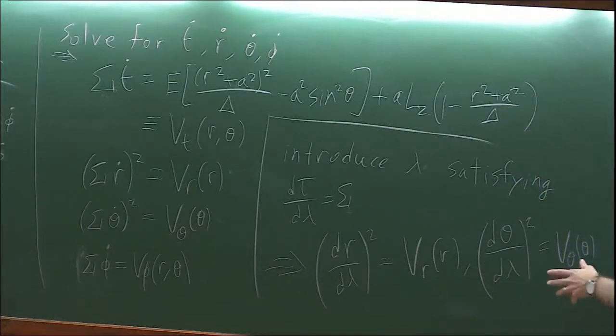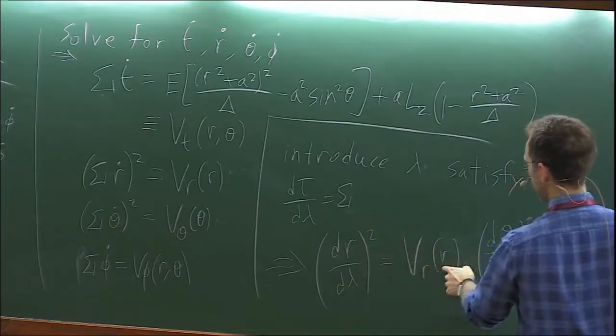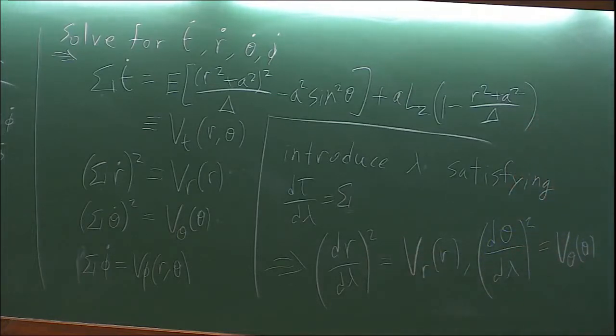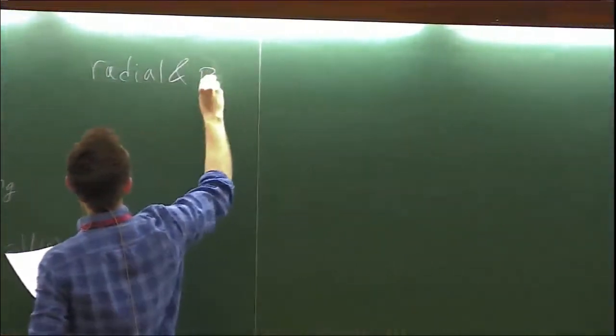So the point is, this has now decoupled the r and the theta motion. r dot only depends on r, and theta dot only depends on theta. So the radial and polar motions decouple.